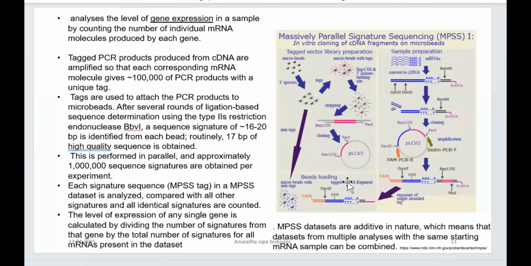Now this is another term coming in, but till now it is the overview to tell you how the cDNA is synthesized, how it is incorporated into a DNA sequence like that of a plasmid along with a tag like biotin, and then you are going to expose it in the single strand tag form, right? It looks like a single strand tag. The tag is not double stranded, so it is referred to as a single strand tag.